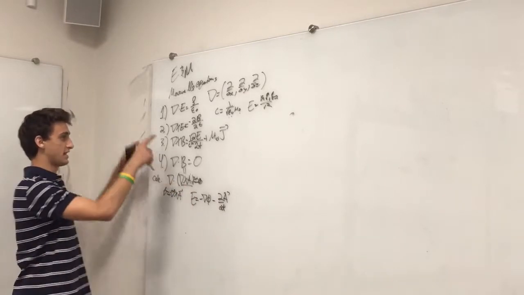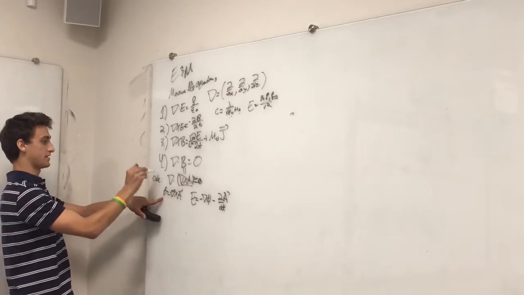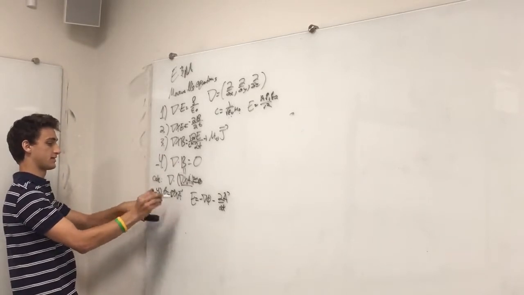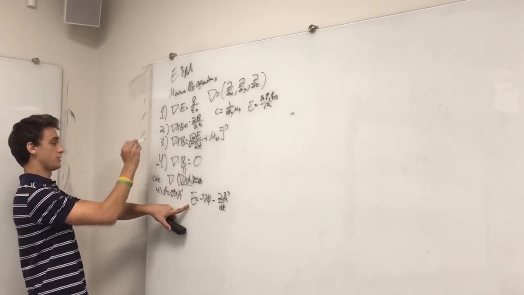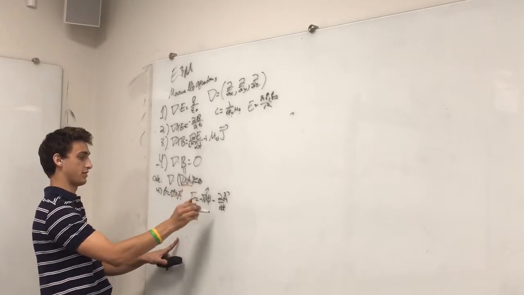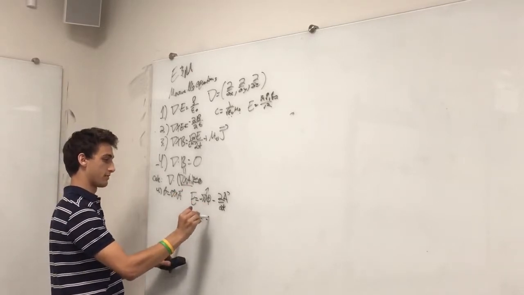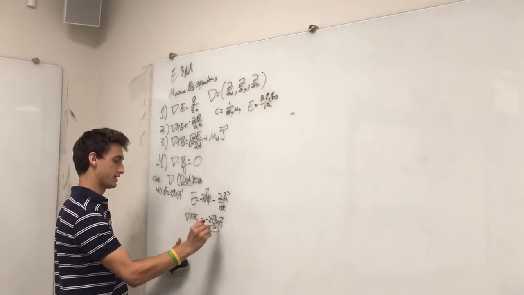As you see, these satisfy Maxwell's equations. So this satisfies this Maxwell equation, 4. This one satisfies 2, because if you take the cross of this, it just goes to 0, and then equals minus del cross A over dt.